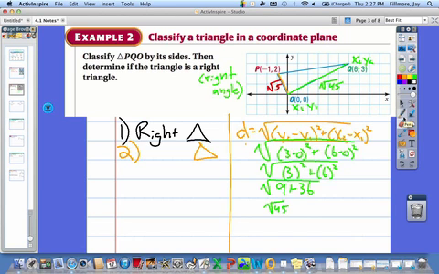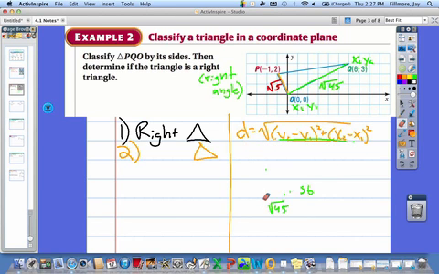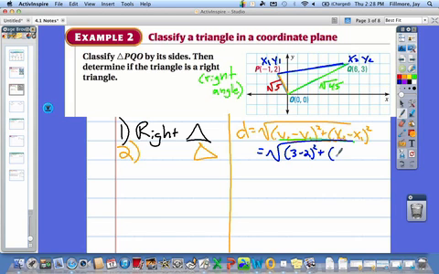We have to find our third side now. That means this side up top, and we'll have to pick a different x1, y1, and a different x2, y2. So I'll say that the one on the left is x1, y1, the one on the right is x2, y2, so let's do this third time. y2 minus y1 is 3 minus 2 squared, plus x2 minus x1, 6 minus negative 1 squared.